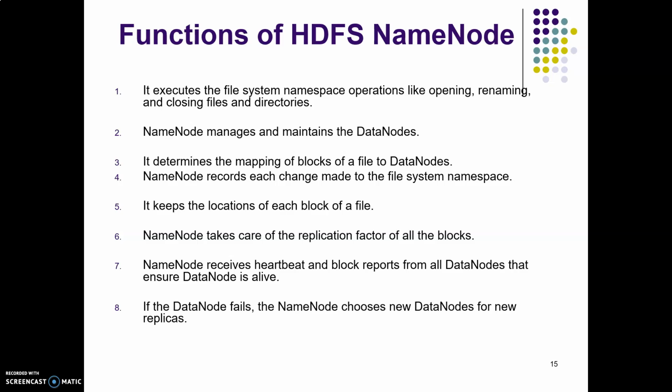It just sends a message so that an acknowledgement is sent back to the name node, saying that the data node is still alive, it is not corrupted, and so on. If the data node fails, the name node chooses new data nodes for new replicas. So these are the functions of the HDFS name node.